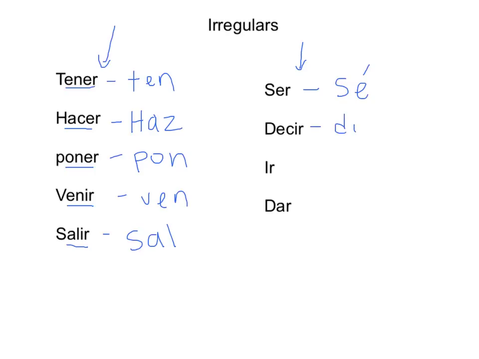Decir becomes di. So decir is a stem-changing verb, e to I, so maybe that's a way you can remember it. Decir becomes di. It changes in its stem. Ir becomes ve. So that looks very different, but if you think of ir as voy, vas, va, vamos, vais, van, then ve is not too much of a stretch. And dar becomes da.